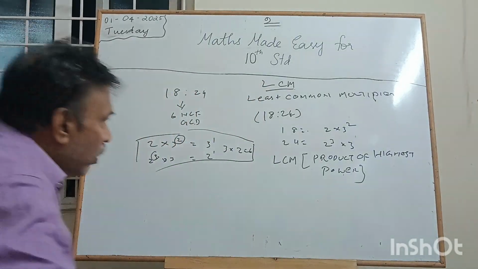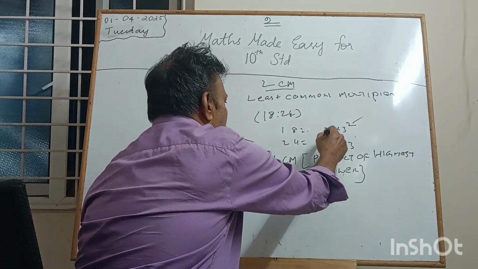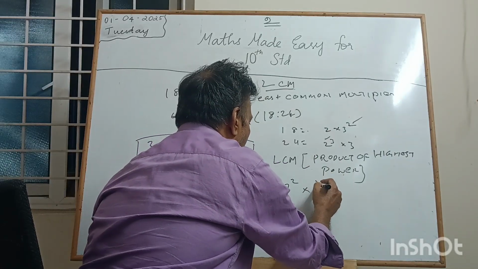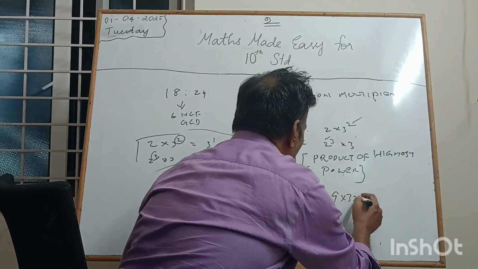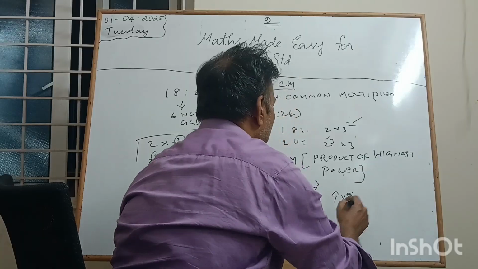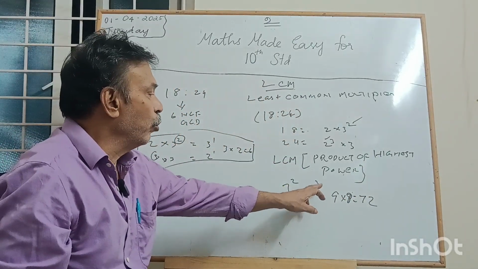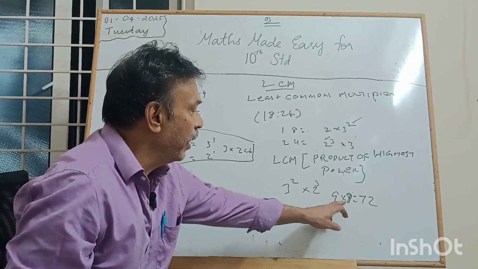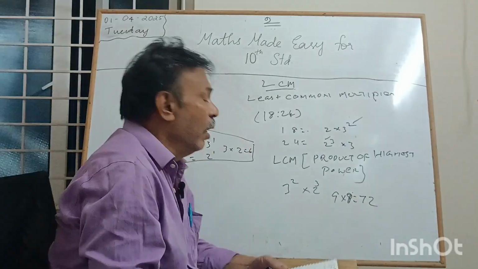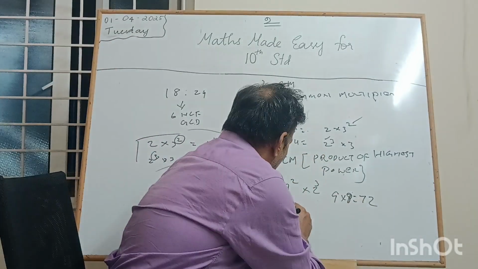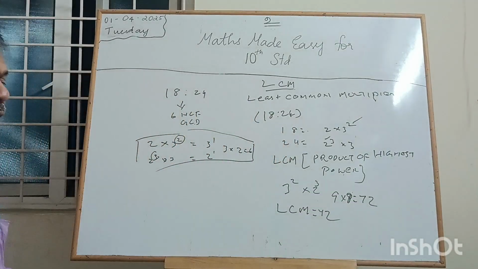This is the highest power 3 squared, and this is the highest power 2 to the power 3. Now let us multiply. 3 squared is 9, 2 cube is 8, 9 into 8 is 72. So this 72 becomes the least common multiplier. LCM equal to 72. Is it clear?